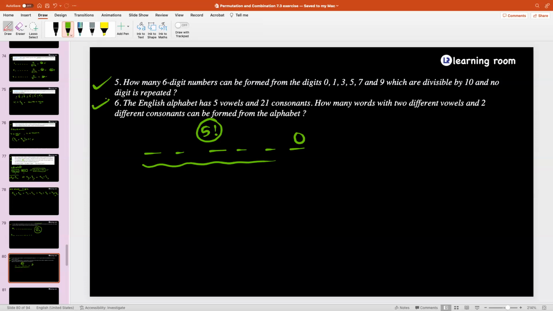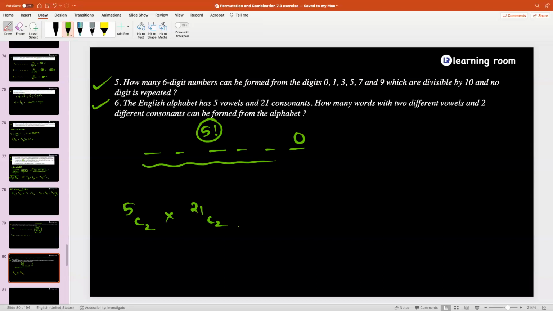The English alphabet has 5 vowels and 21 consonants. How many words with 2 different vowels and 2 different consonants can be formed from the alphabet? So from the 5 vowels available, choose 2. And from the 21 consonants available, choose 2.